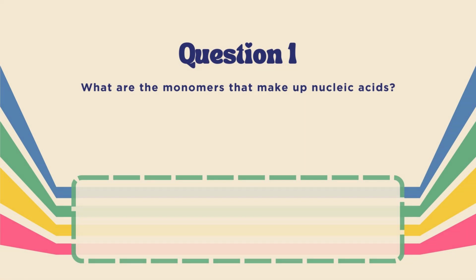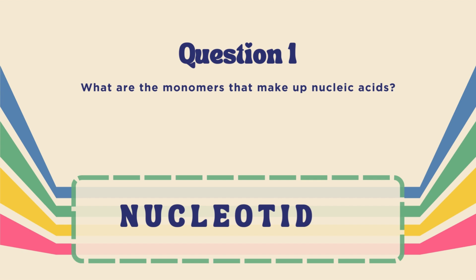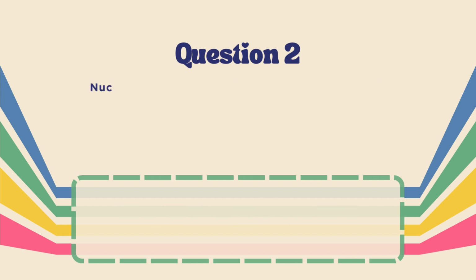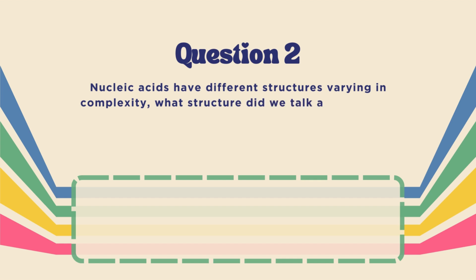That's right, it's nucleotides. Now, what specific structure of nucleotides did we talk about today? Two for two, it's the primary structure.